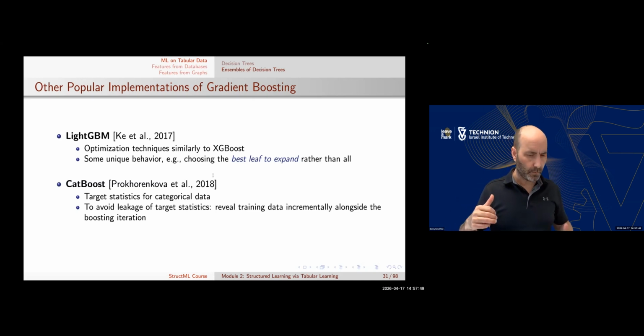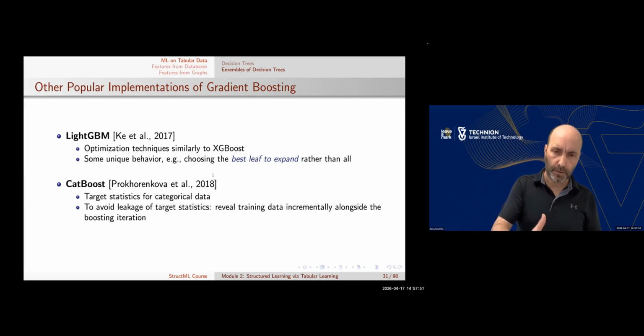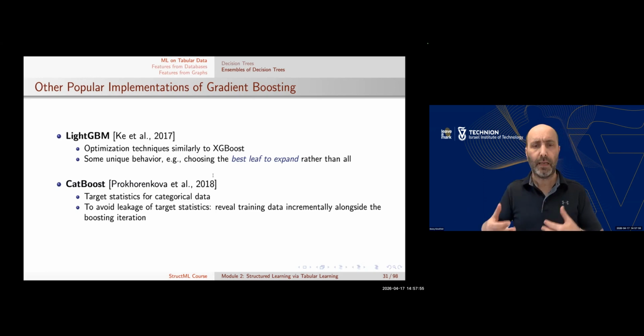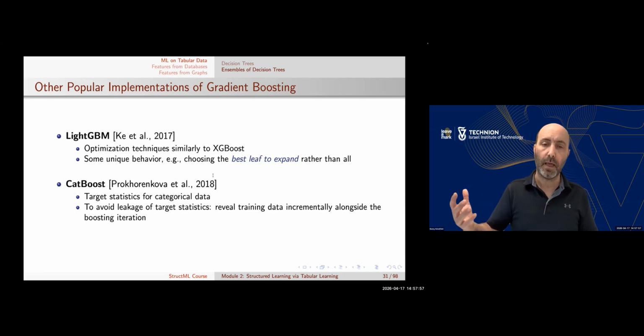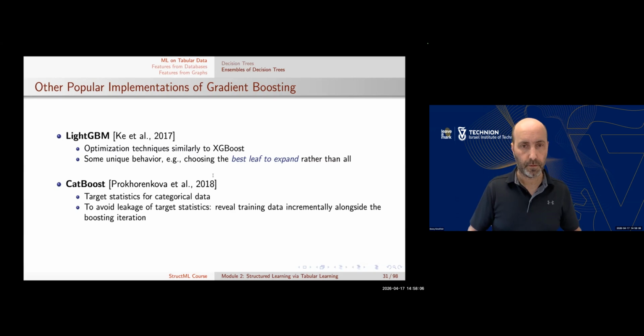And we talked about it in the past: you want to look at the training data and derive some condition out of that, but you want to avoid leakage of information, and they really developed an efficient or a smart technique of doing so effectively.